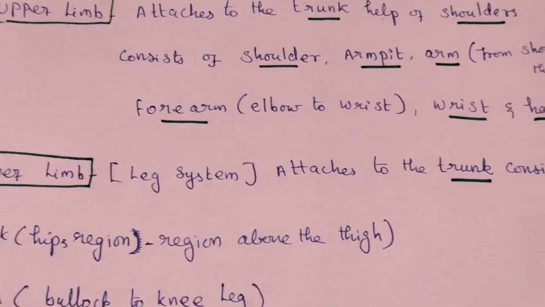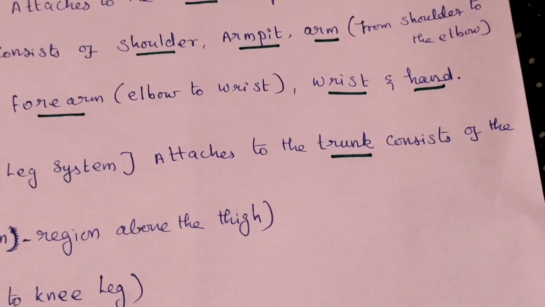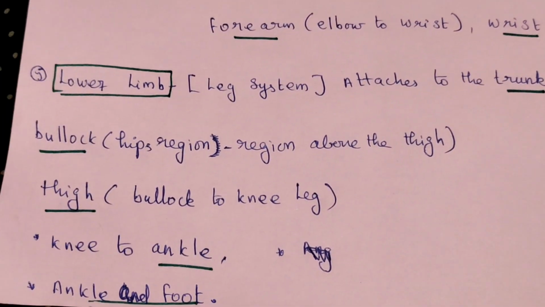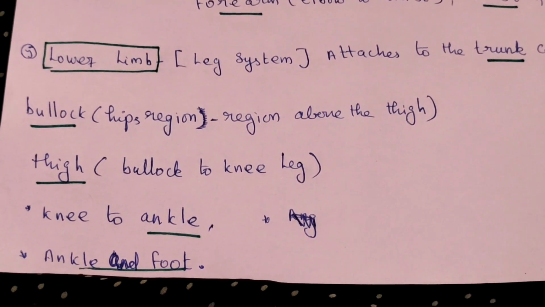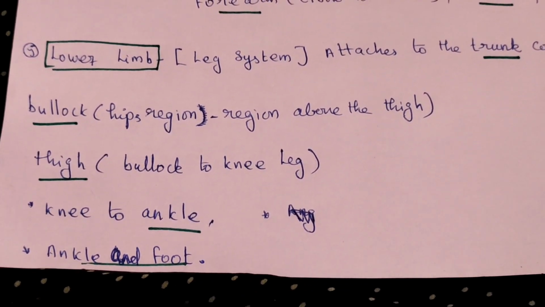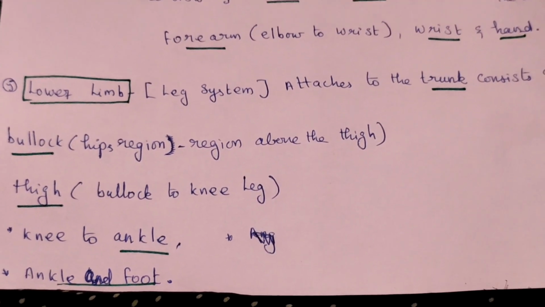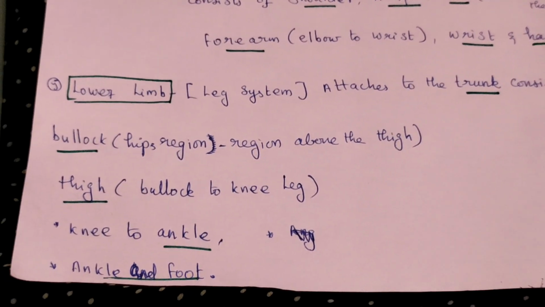Then the lower limb attaches to the trunk. This part consists of buttocks, thigh region, knee to ankle, ankle and foot. So these are the regional names.